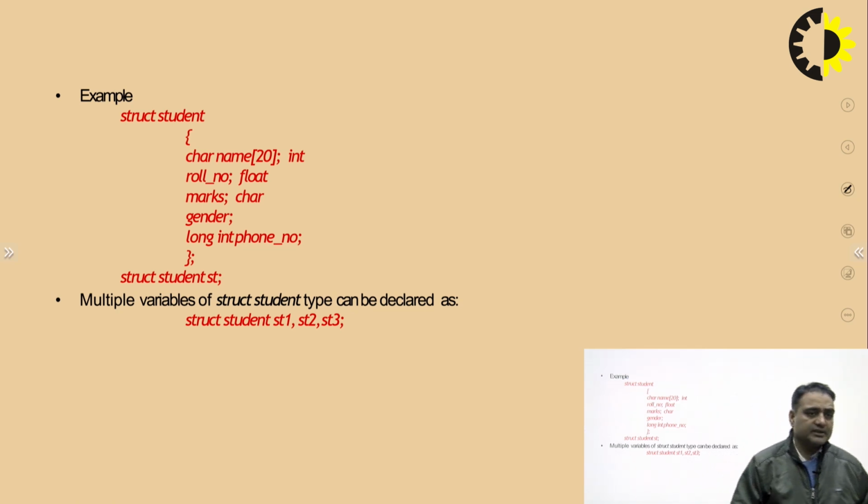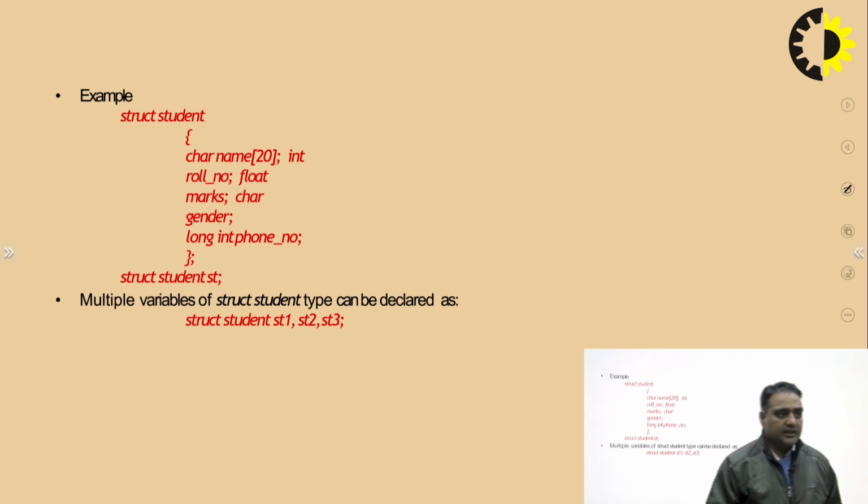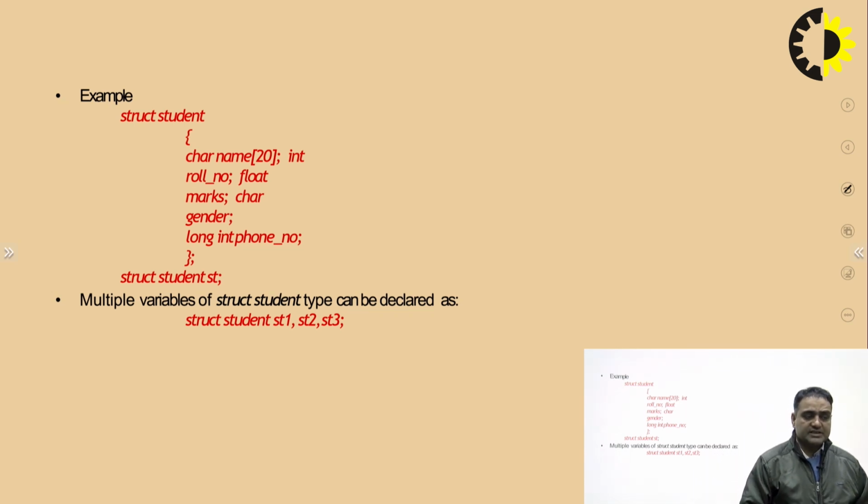So here student is the structure tag name, and the member fields are student name, roll number, marks, gender, and phone number. Here st is the structure variable.